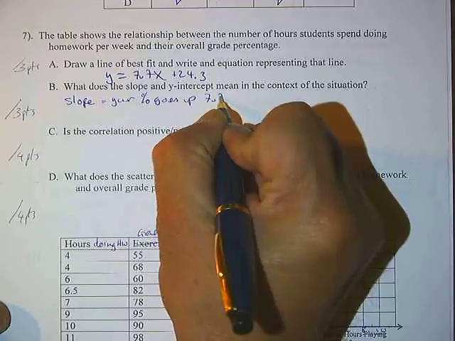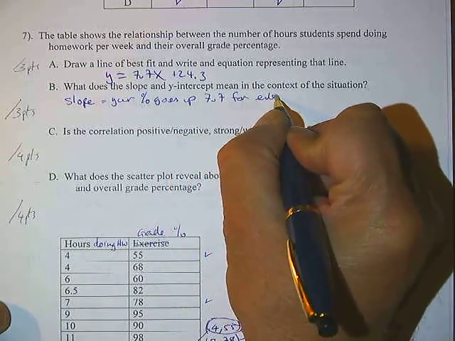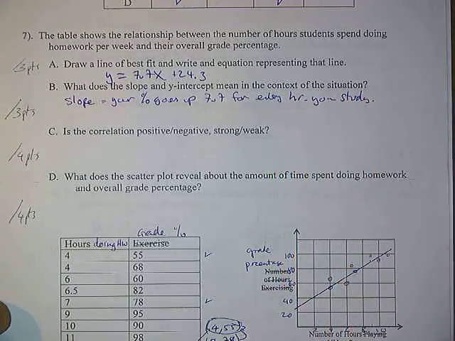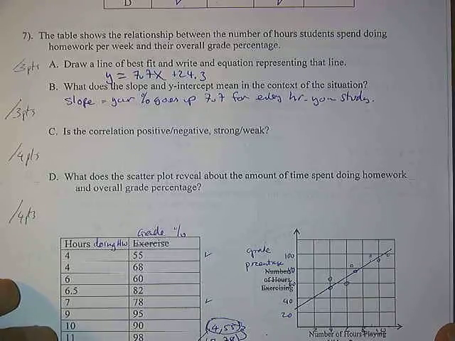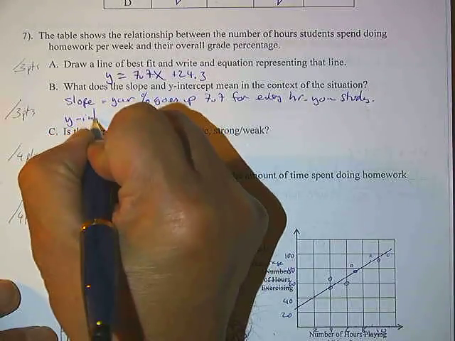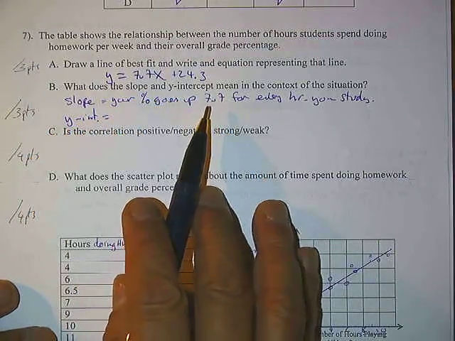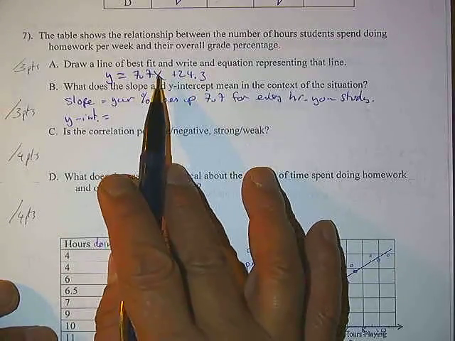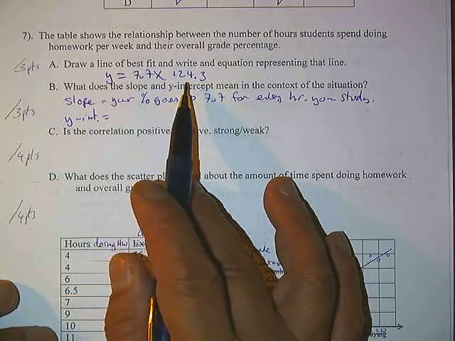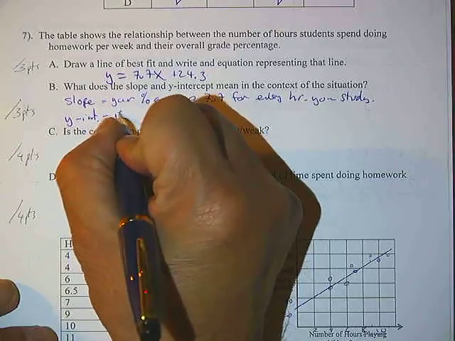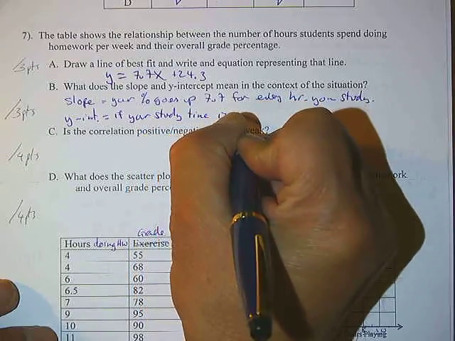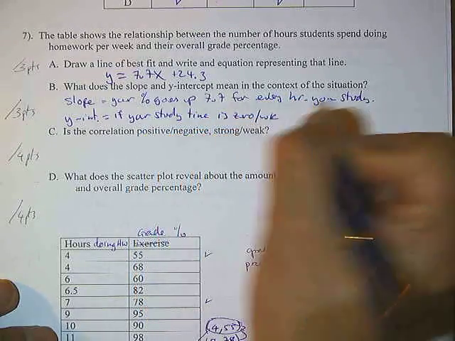But if you study for 1 hour, then it's 7.7 times 1, plus 24.3, you get 30 something. So every hour that you study, your grade percentage changes by 7.7. So let's write that the slope is: your percentage goes up 7.7 for every hour you study your homework per week.